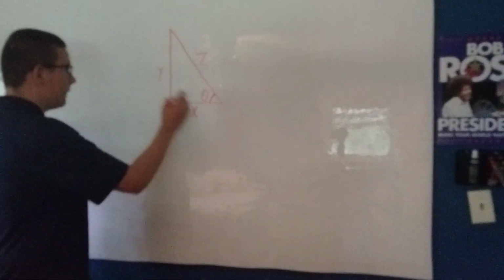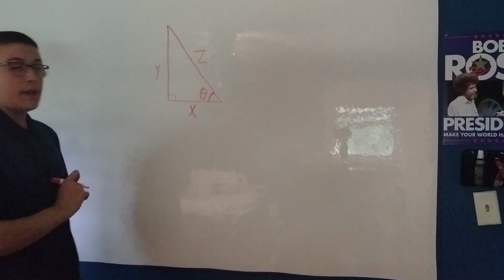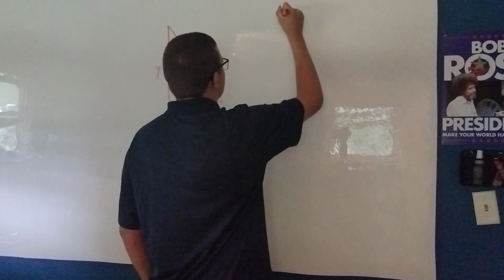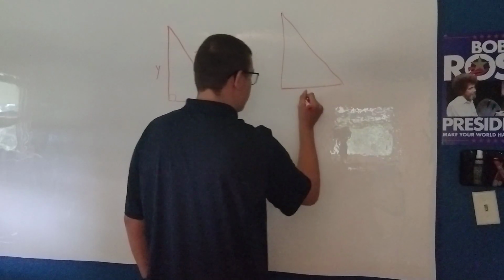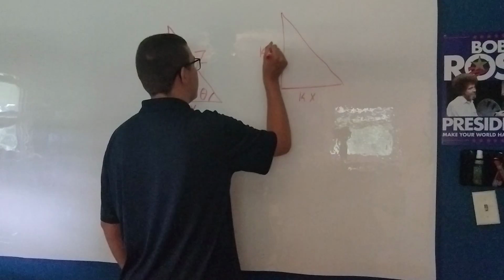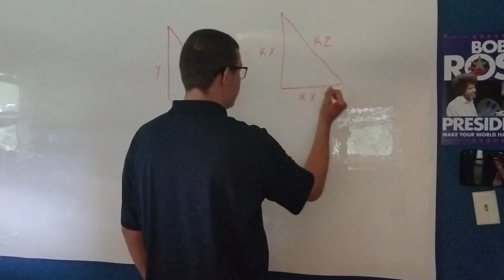So the opposite is Y and the adjacent is X. Z is the hypotenuse. And if we scale this by some scale factor, doesn't matter, just call it K, this is the new triangle. So this would be K times X. This would be K times Y. And this would be K times Z.